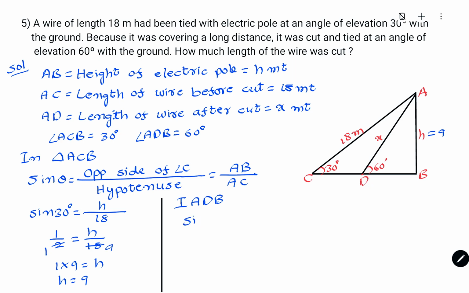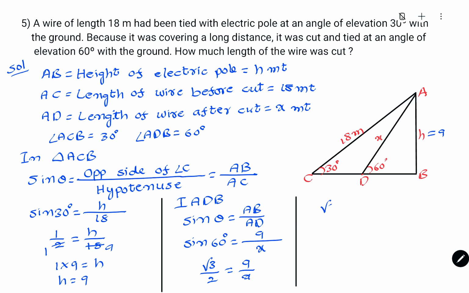So here we take sin theta is equal to AB by AD. Theta value is 60 degrees. Here AB is 9. We don't know AD, so here we assume X meters. Sin 60 is equal to root 3 by 2. Here 9 by X. Do cross multiplication.